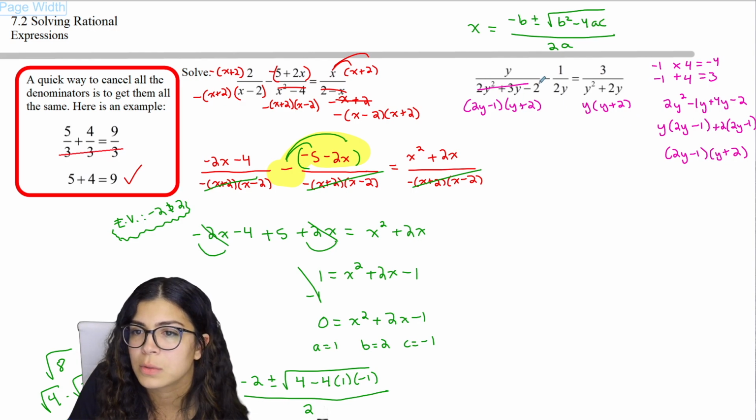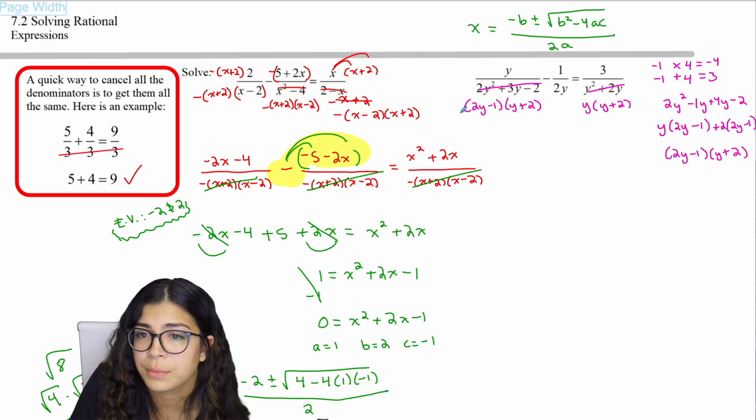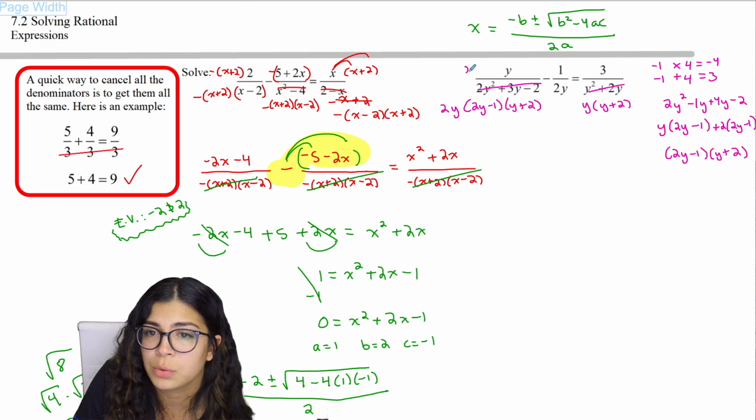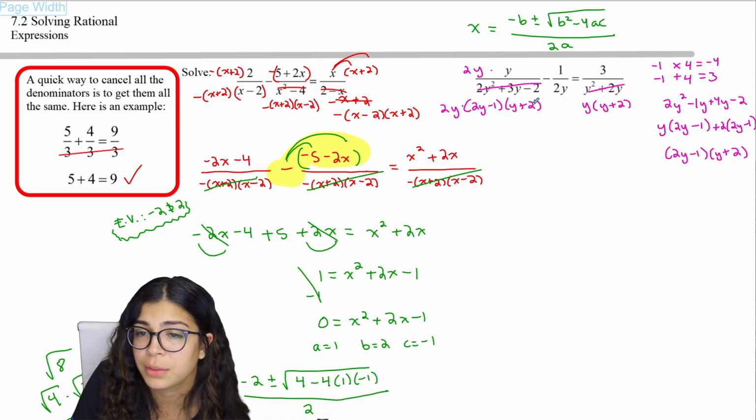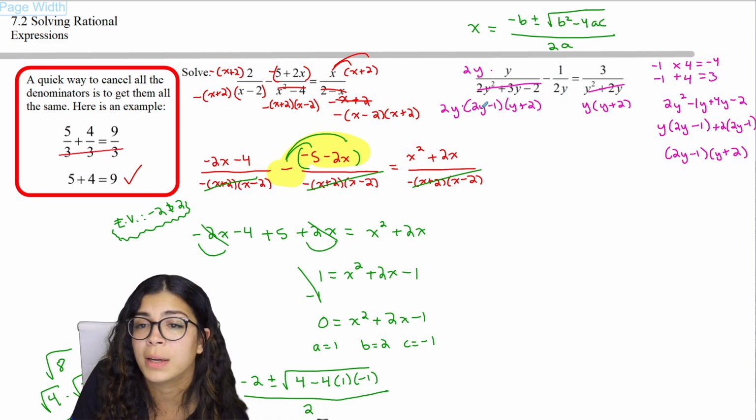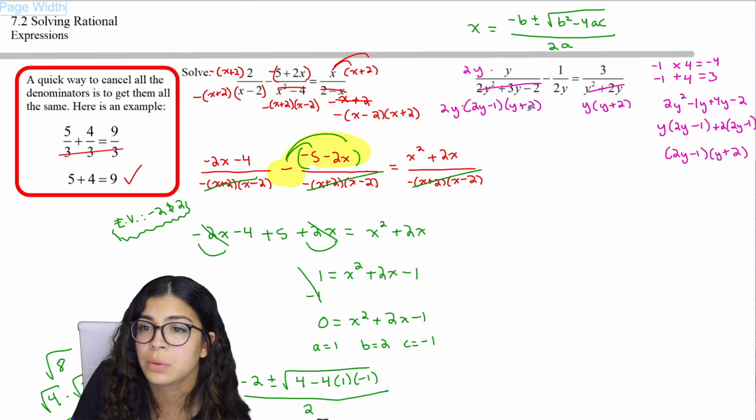So let's see what's missing. We have 2 on the outside and a y that is missing. So we have to multiply 2y on top and bottom. For this one, we're missing the entire thing, the 2y minus 1 times y plus 2.